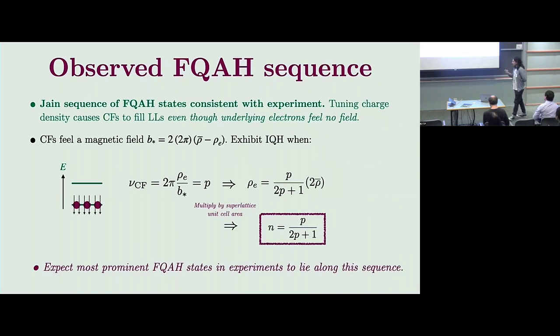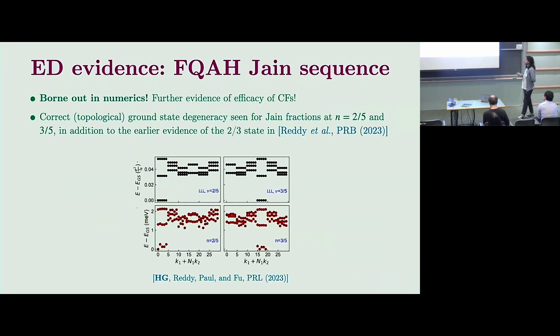So this leads one to expect that the most prominent observable states in FQAH will live along the Jain sequence. And this is borne out in numerics. So for example, here's the 2/5 and 3/5 states, you see ground state degeneracy, which is consistent with the expected topological 5-fold ground state degeneracy.